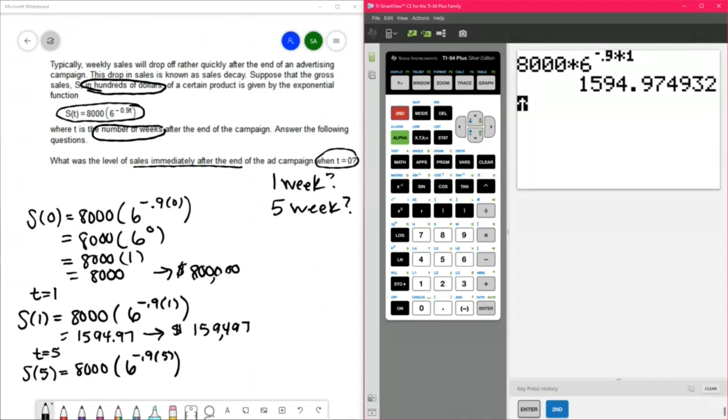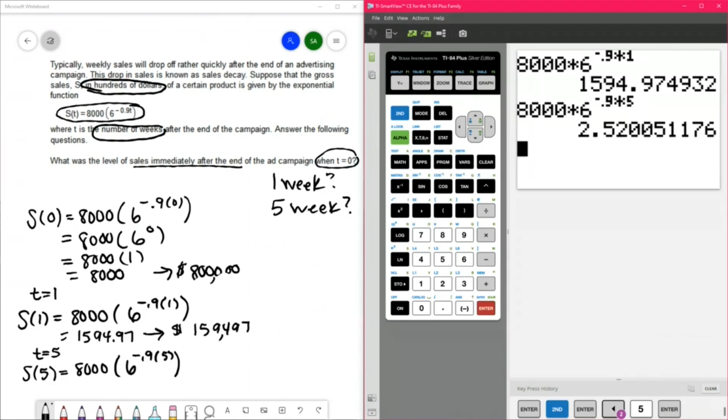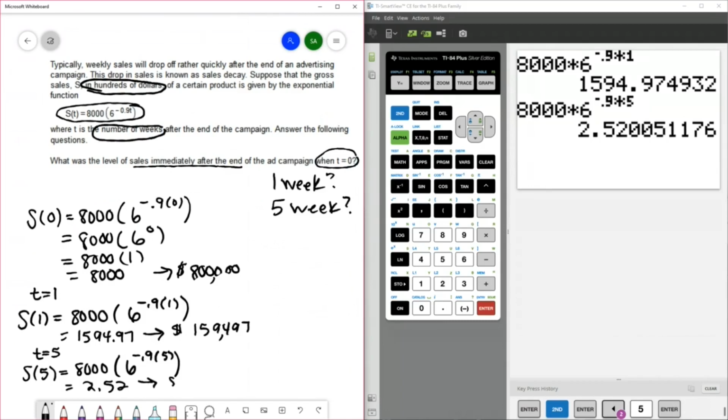I can do second and hit enter, and that's going to give me the previous thing that I typed. And I'm going to edit just that one number to be a 5. So this is quite a significant drop off. We have 2.52, which would translate to about $252 in sales 5 weeks later.